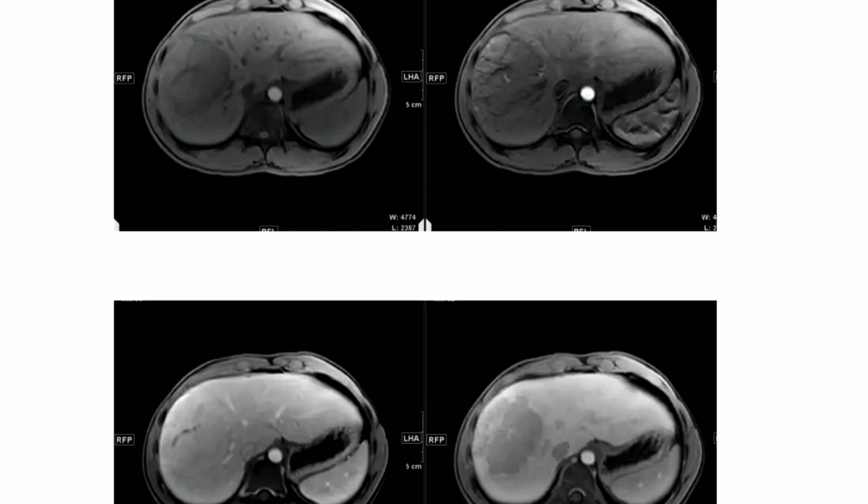Fibrolamellar HCC is heterogeneous, large, with central calcification and scar, not necessarily an enhancement pattern that is characteristic. In the post-contrast, it will show heterogeneous arterial enhancement, and it might show washout in the delayed phase. And finally, Primovist. If it is dark on Primovist, it's fibrolamellar HCC. If it is bright on Primovist, then it is FNH.